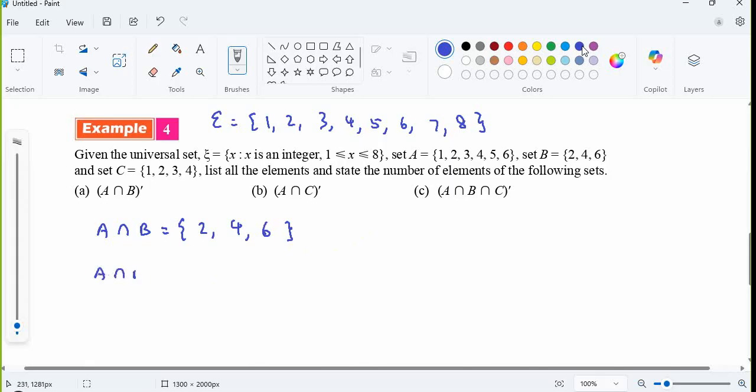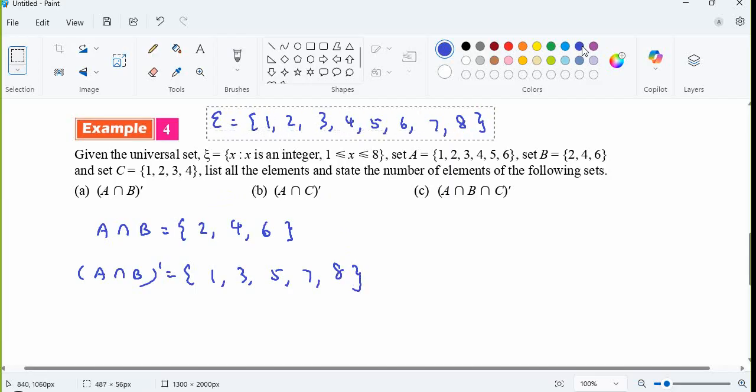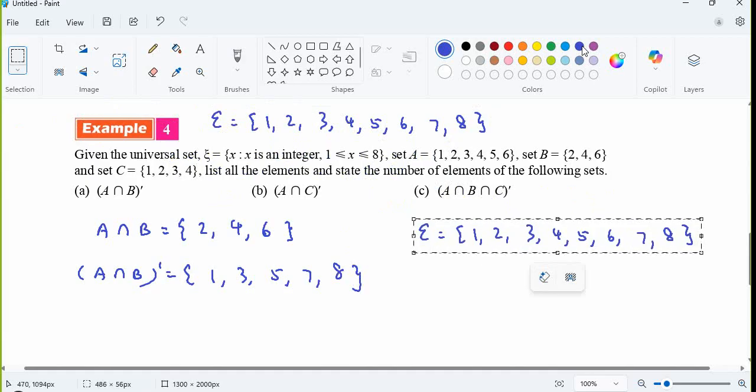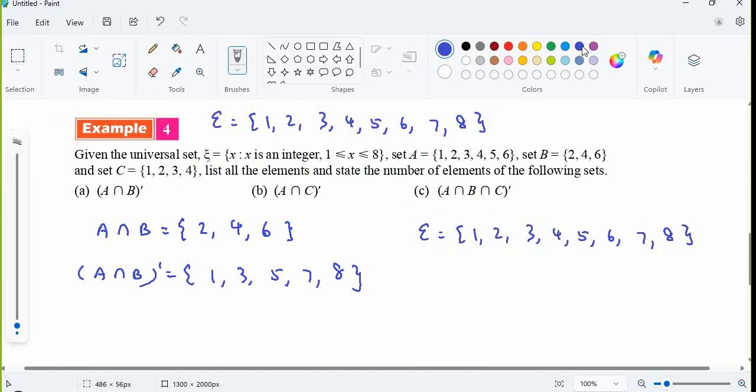So the complement of 2 4 6 is 1 3 5 7 8. We have the universal set here, and we want to find the complement of this. That means the terms that repeat, we cancel. So we have 1, 3, 5, 7, and 8.